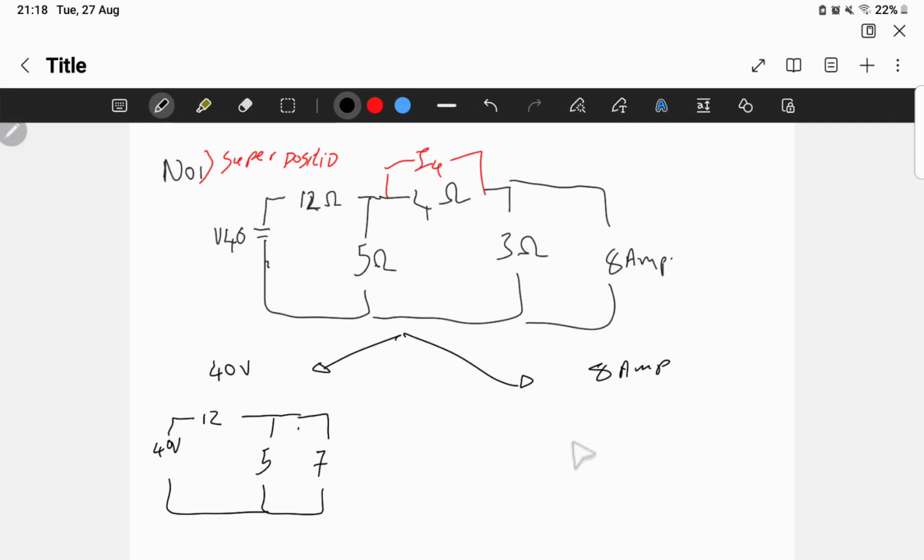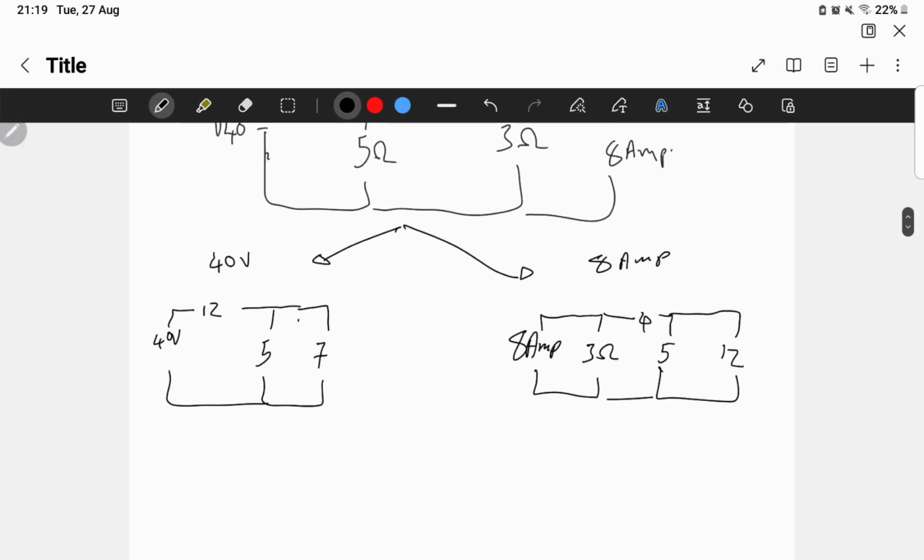And over here we have our 8 amps connected with 3 ohms, connected with 4, then 5, and 12.